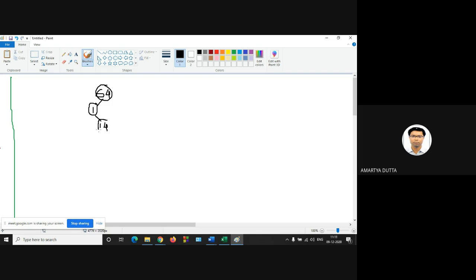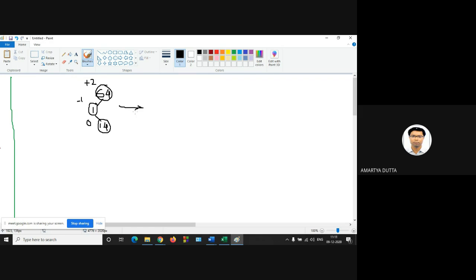Now insert 14: balance of 14 is 0, balance of 1 is minus 1, balance of 64 is plus 2. So it is not balanced. What should I do?